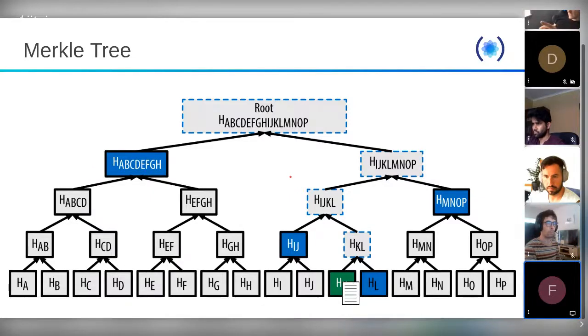So the lexical order of H, A, B, C, D, F, G in this case, the leaf on the top left, does not have to be smaller than the other. No, it's for the same level. It's so that you know how to concatenate, whether you concatenate this one left and this one right, or the opposite.